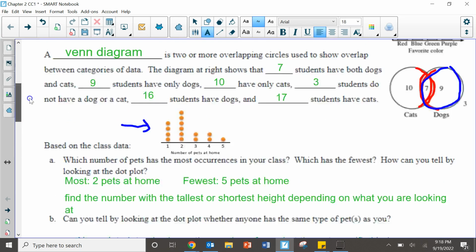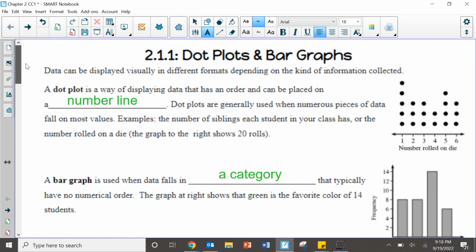Okay, so again, just as a quick review: a dot plot is best when you're working with numerical data, so that means just numbers.